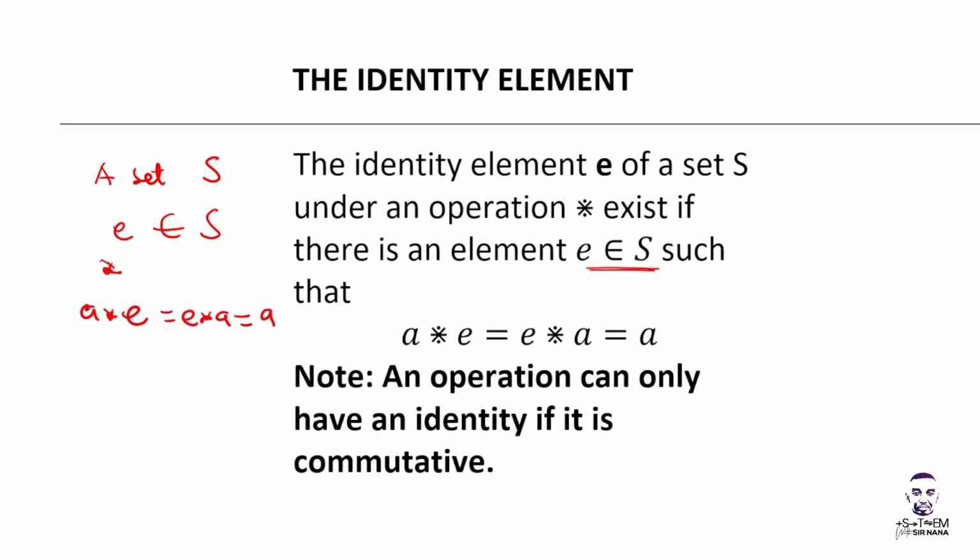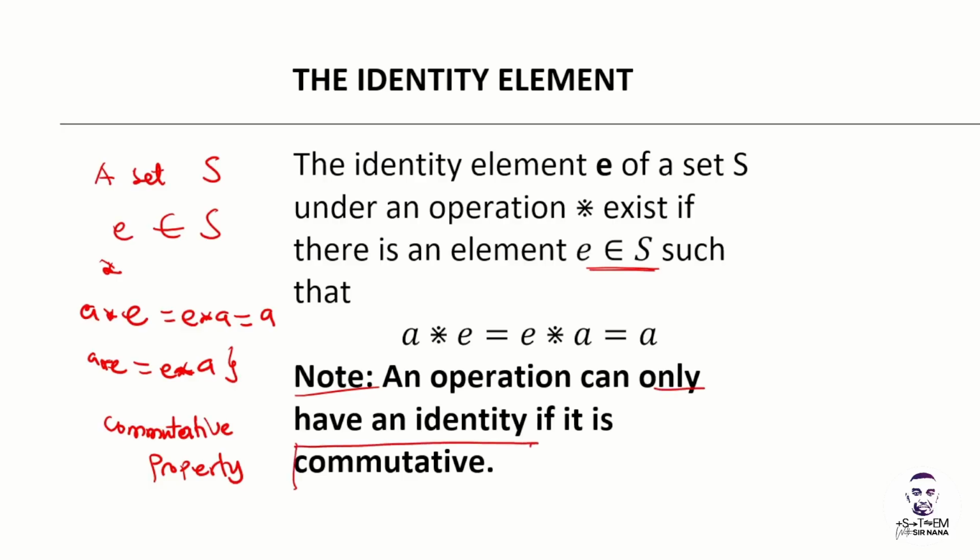So a operation e equal to e operation a tells us of a property, which is the commutative property of binary operation. An operation can only have an identity element if it is commutative. Take note of this very carefully. This means that if it's not commutative, there is no identity element.